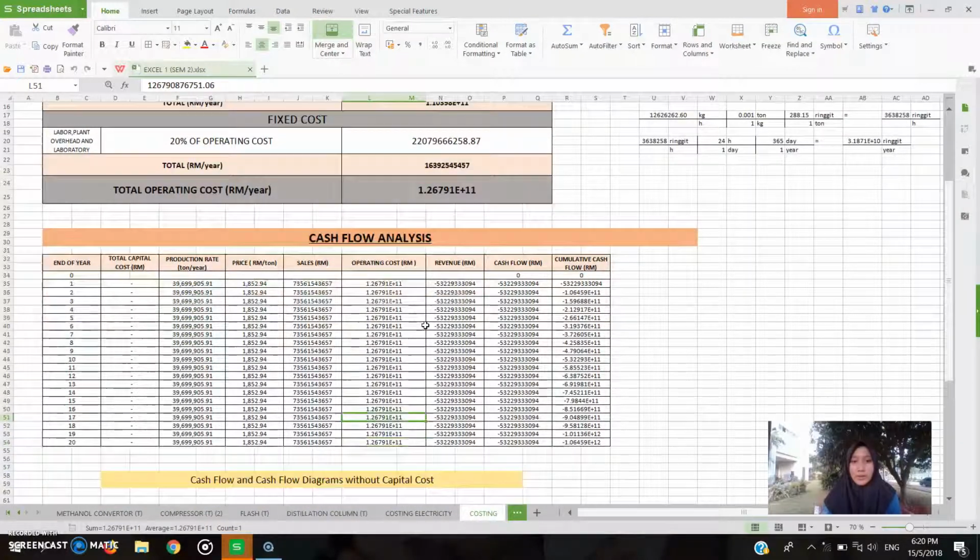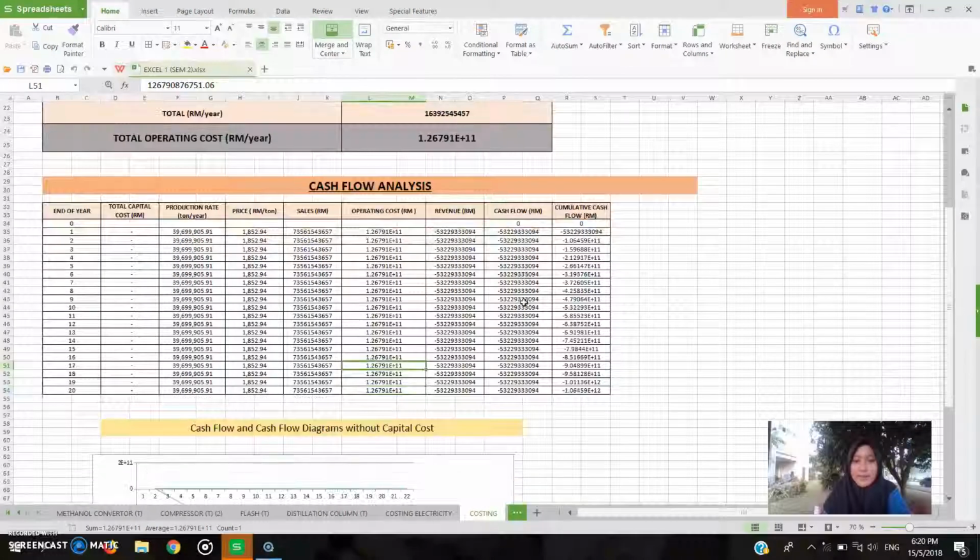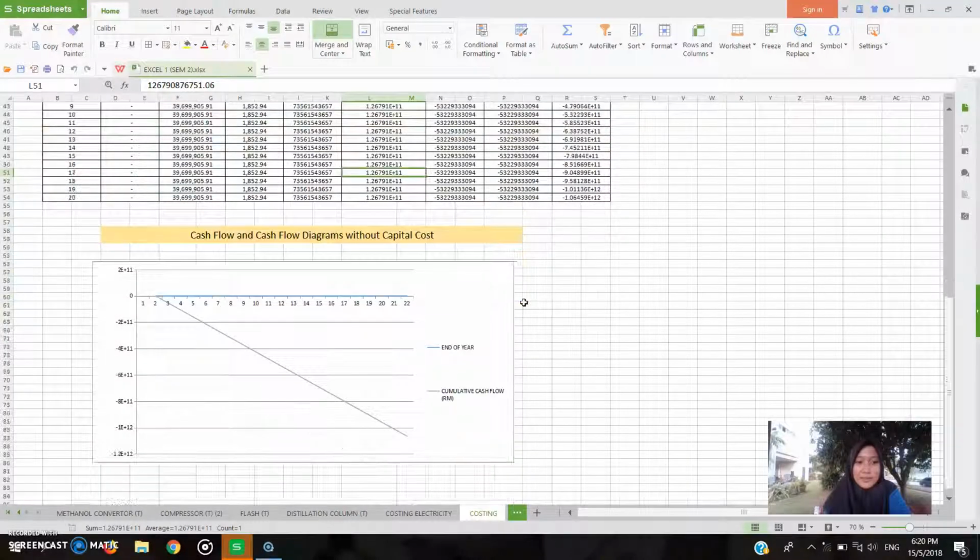When we calculate revenue minus operating cost, our company has a loss, we don't get any profits. So this is our cash flow. It is decreasing because we don't get any profits in 20 years.